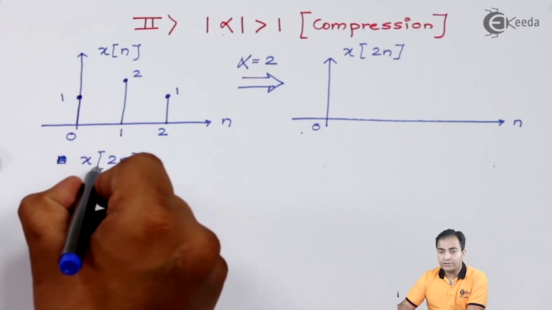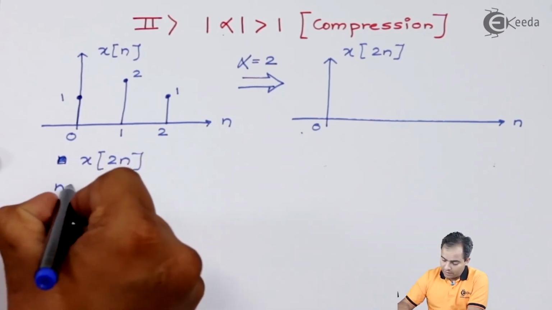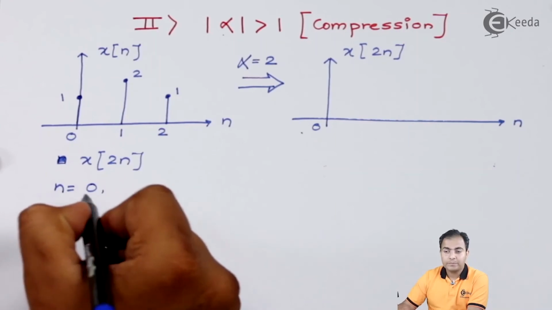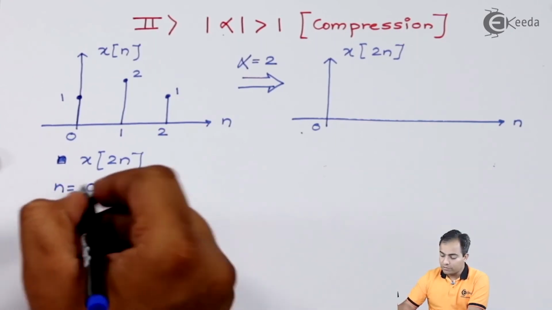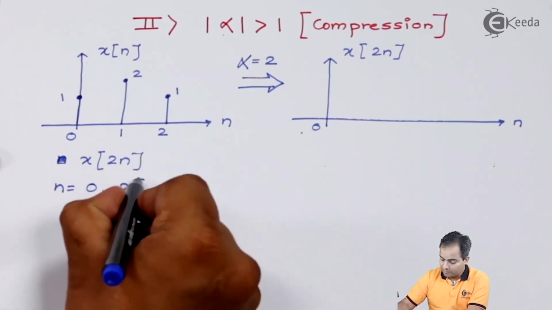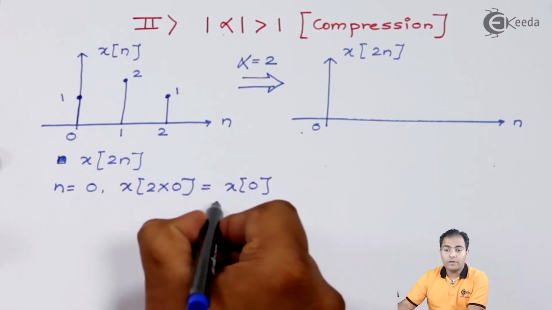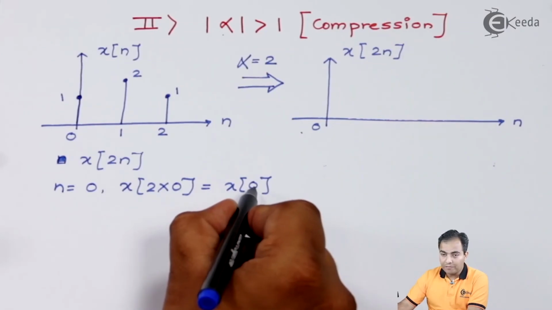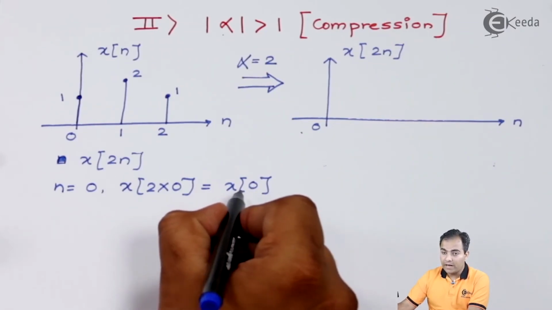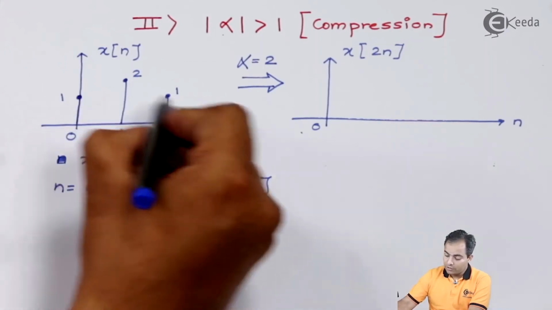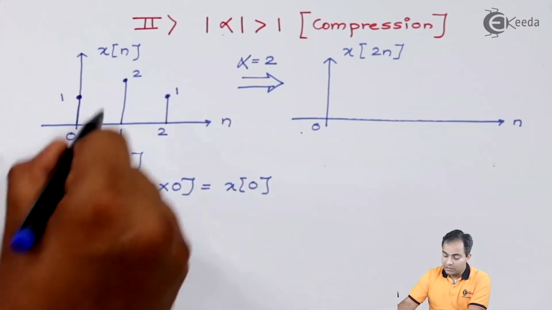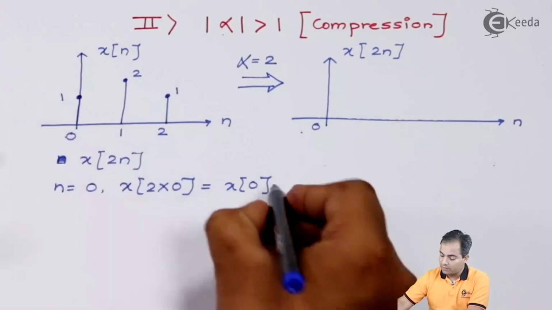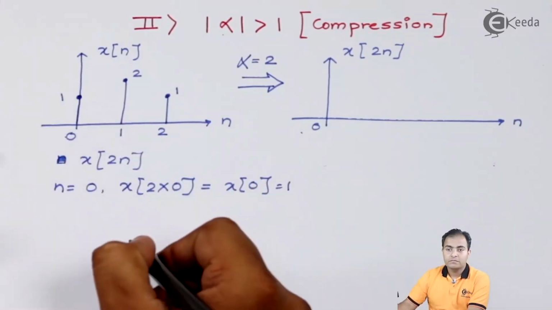So for n equals to 0, if I substitute n equals to 0 in this function, then what you will get? X of 0. And we know that this 0 is nothing but value of n 0, but we have to find out the amplitude at n equals to 0. So at n equals to 0, this function is having amplitude 1. So I'll write here x of 1.